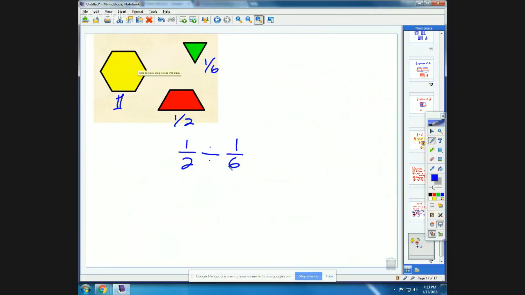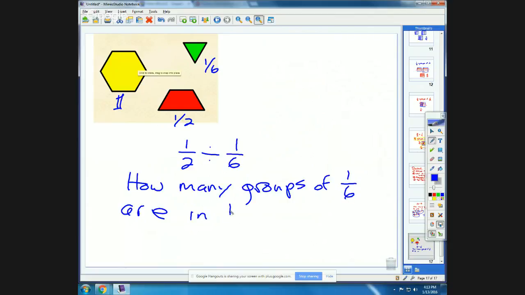The interpretation of this is, how many groups of 1/6 are in 1/2? And we can just look at that and say, oh, I can put 3 of those in there. So the answer must be 3. Not too bad, is it?